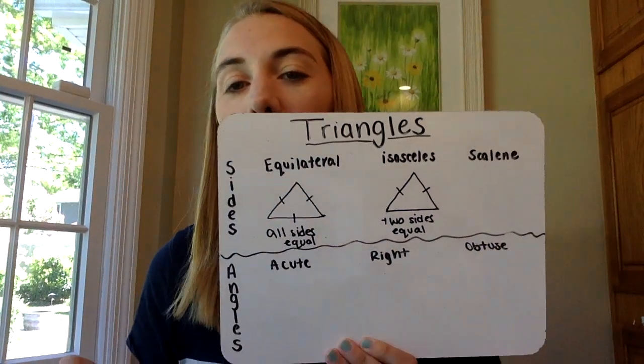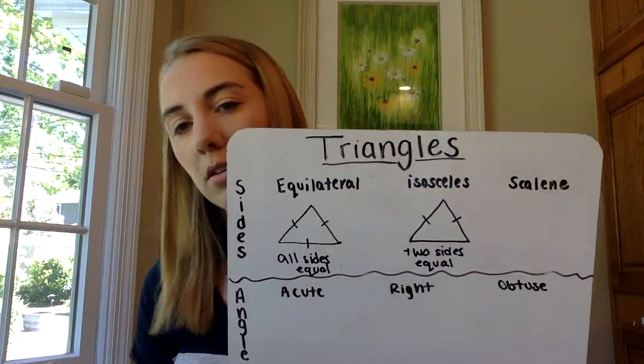So we have all sides equal, two sides equal, and you can guess maybe that a scalene triangle is going to be an example of a triangle with no sides equal to each other.